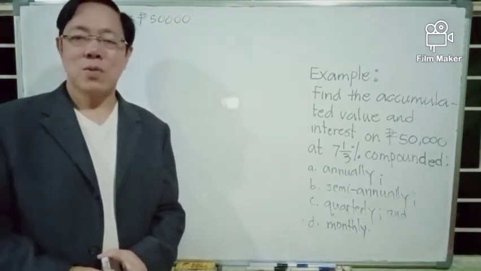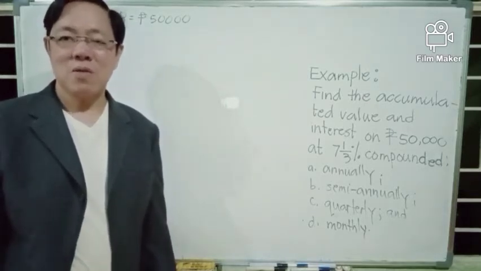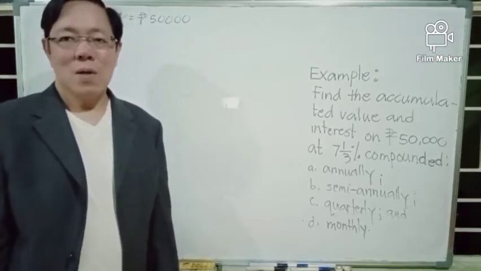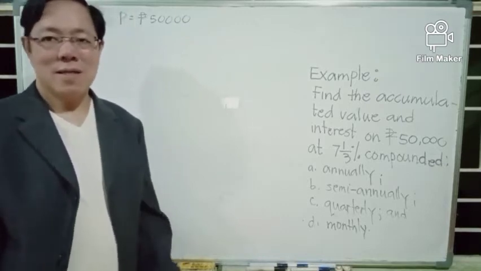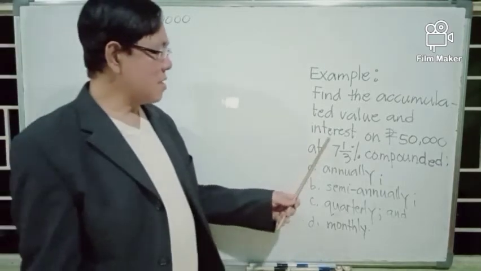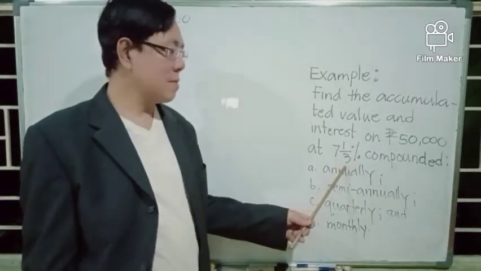If we want to find the accumulated value of 50,000 pesos, we take 50,000 pesos as the original amount invested or original amount borrowed, and we denote it by capital P. The next given is the rate 7 1/3%.